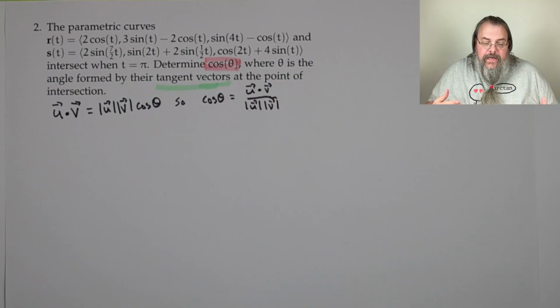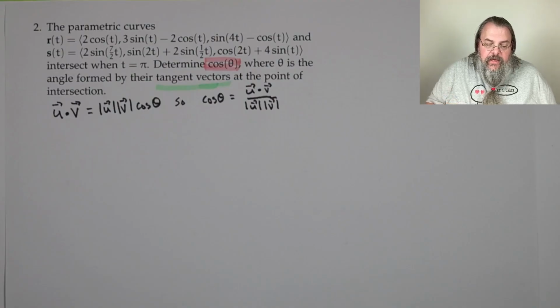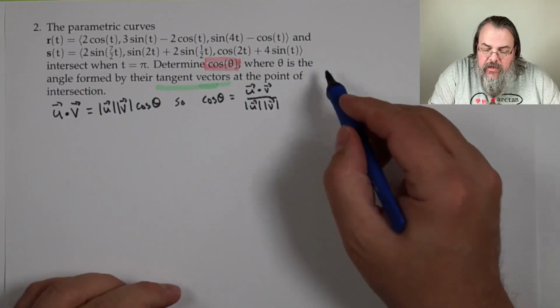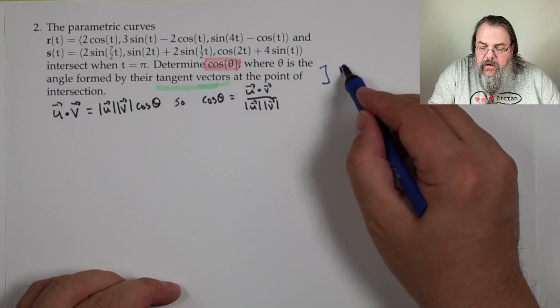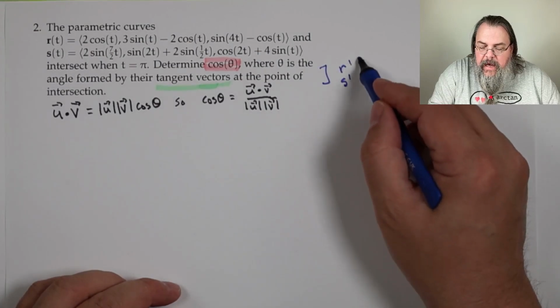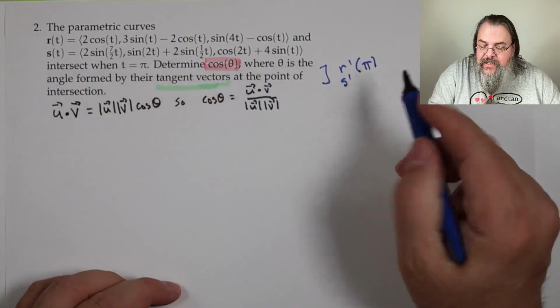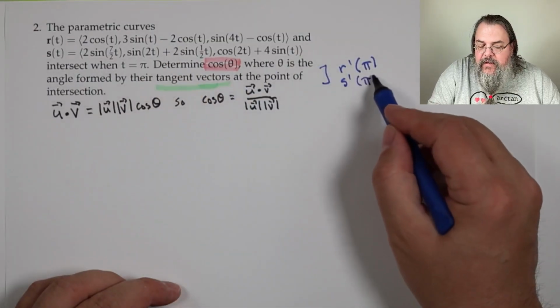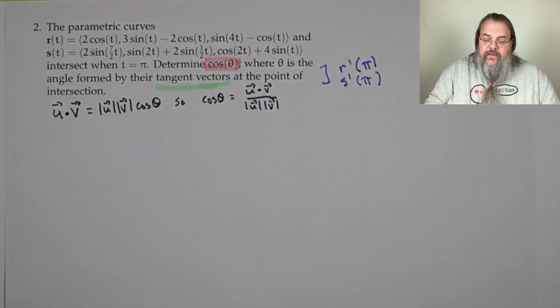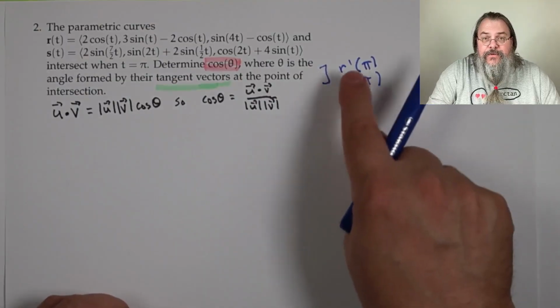So where do we find these vectors? Well, the answer is that these vectors are going to be r prime and s prime at the point of intersection, and so that happens at time pi. So these are going to be our u and v.